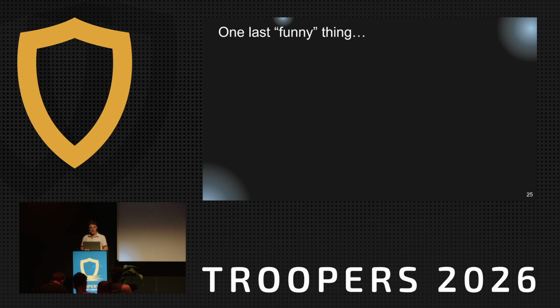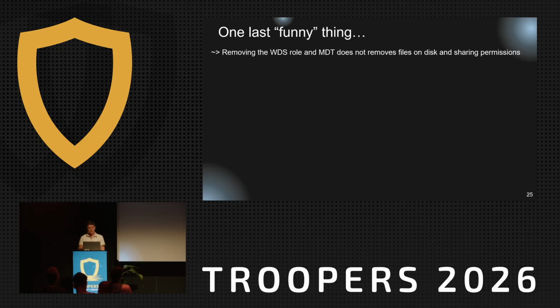Before going to the last part of my talk, one last funny thing. If you remove the WDS role and MDT tool, because it's not a native tool, a native role, sorry, it does not remove the files on disk and sharing permission.